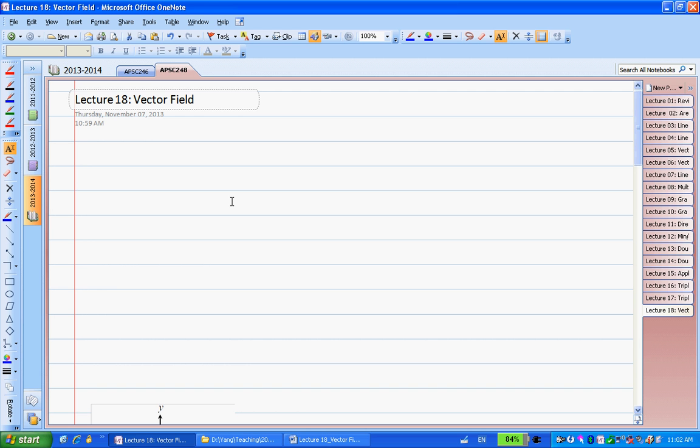Okay, so we learned triple integral, evaluating triple integral using three different kinds of coordinate systems: Cartesian coordinate system, cylindrical coordinate system, and spherical coordinate system. Just like double integral, what we should learn is typical applications of triple integral.